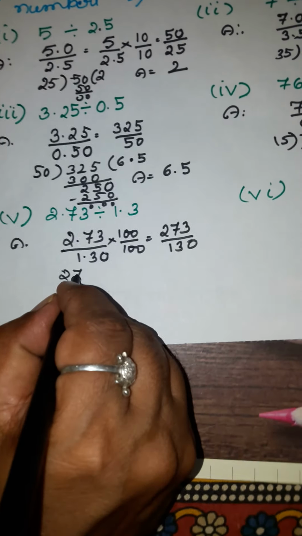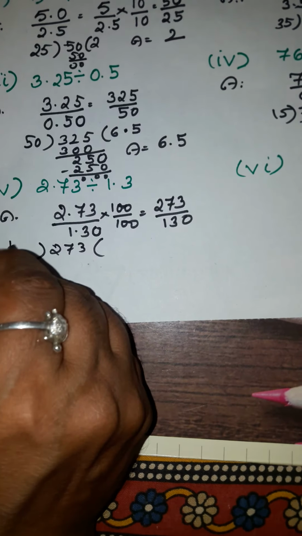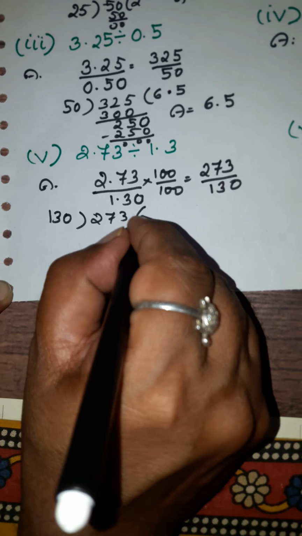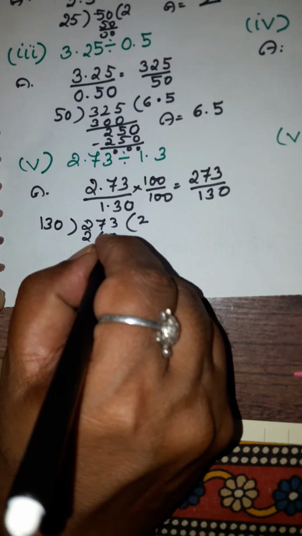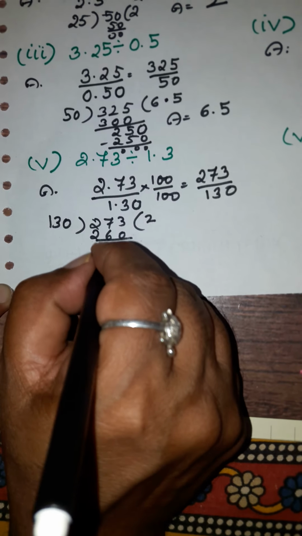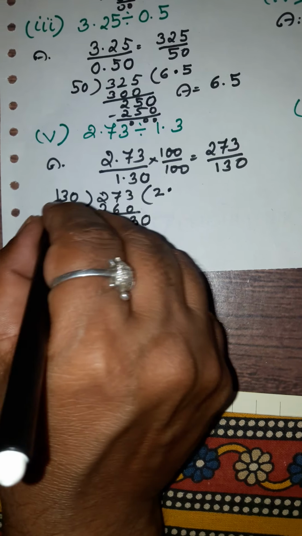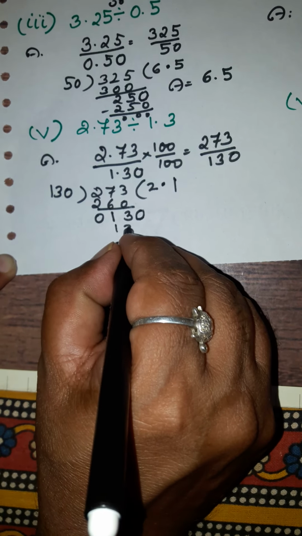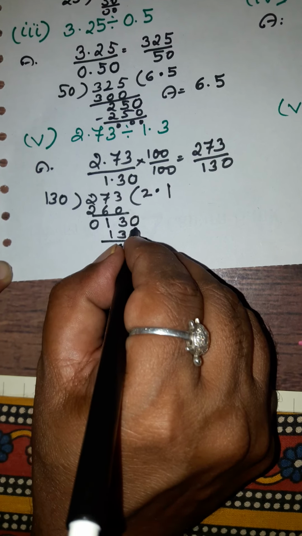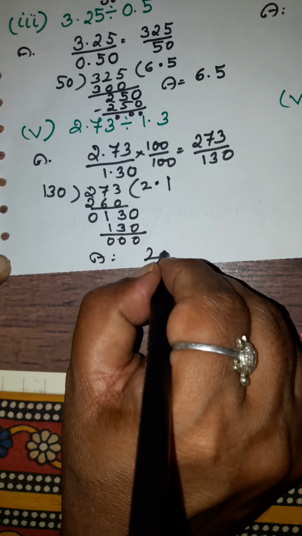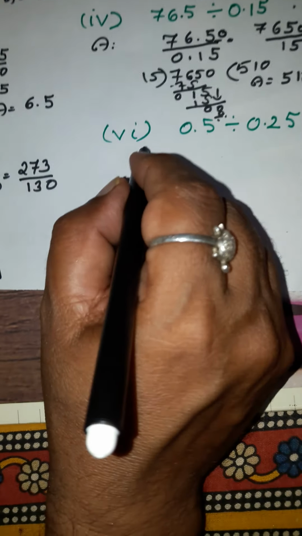Now let us divide 273 by 130. 13 2s are 26. So 130 into 2, 260. So 3. 7 minus 6, 1. So 13 is less than 130. So you have to go for decimal division. Put decimal point. Then 1 0. So 131 is 130. So 0 minus 0, 3 minus 3, 0, 1 minus 1, 0. So answer is 2.1.